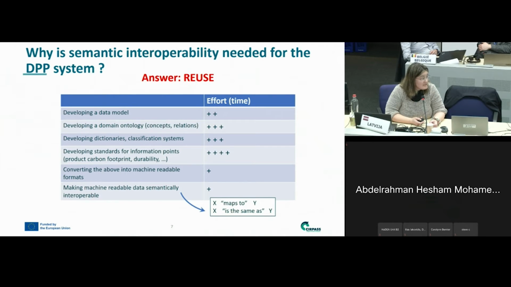The reason for this is that there needs to be consensus, so social agreements on all of these things. So this is what takes a lot of time. So we have to reuse what already exists. Converting the above into machine-readable formats and making those machine-readable data semantically interoperable is much, much less effort.